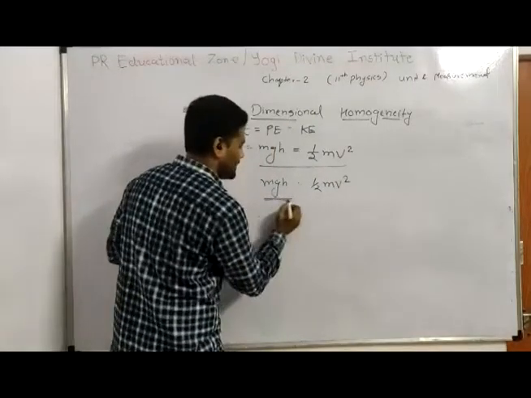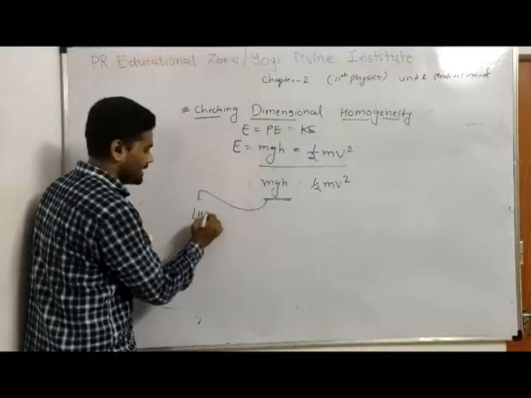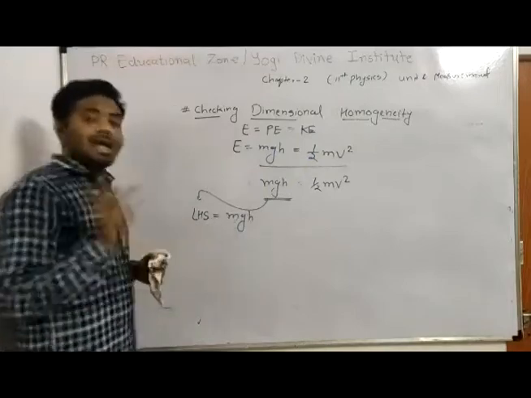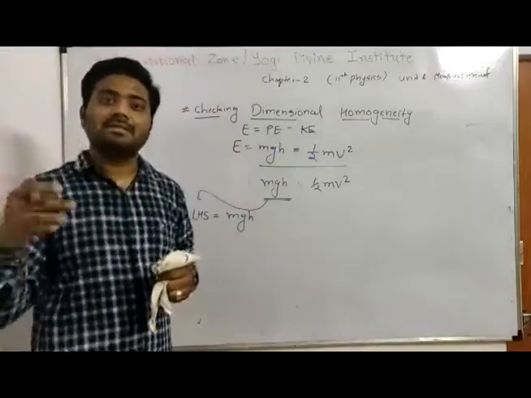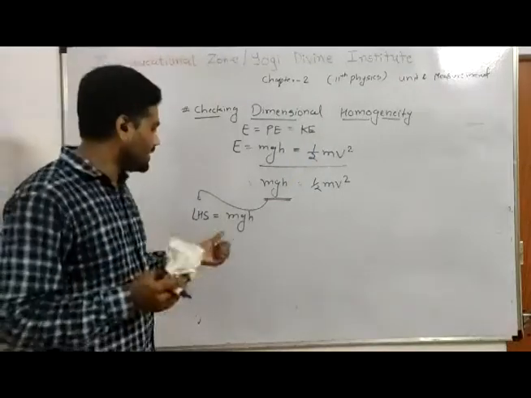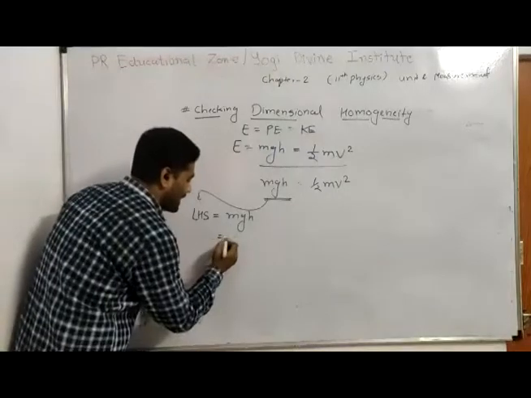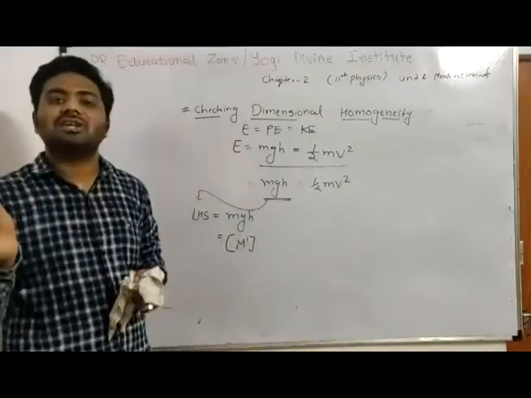So this is our left hand side. Let us solve the left hand side over here. On the left hand side there are three parameters: m, g and h. Here m is representing mass. I already told you the mass is represented by capital M, and its power here is 1 only. So we write capital M to the power 1. The second is g, the gravitational acceleration.